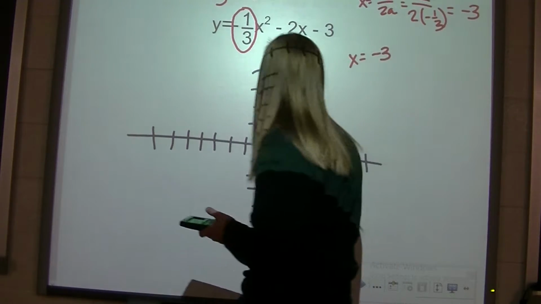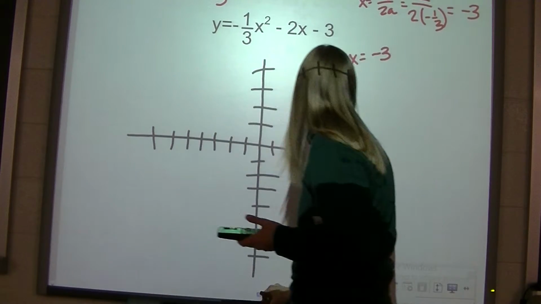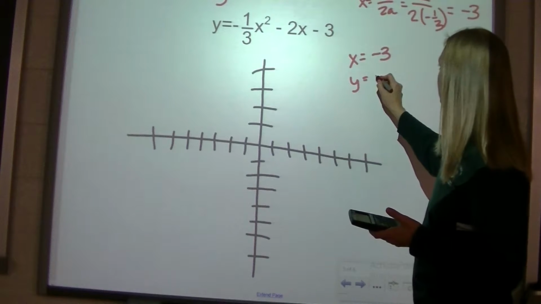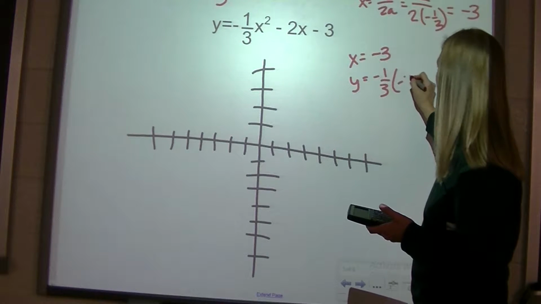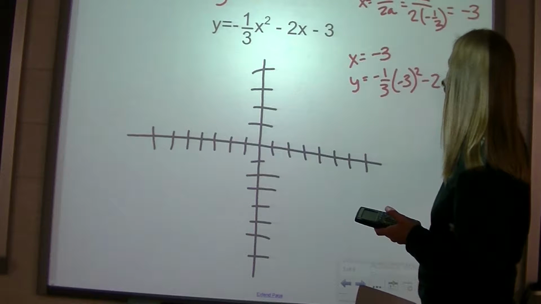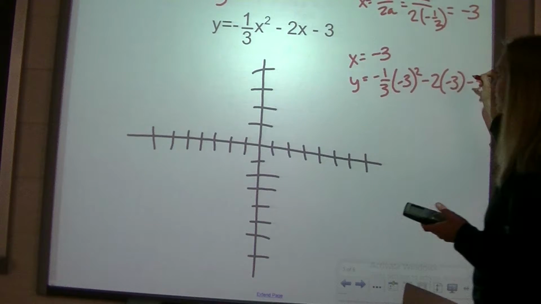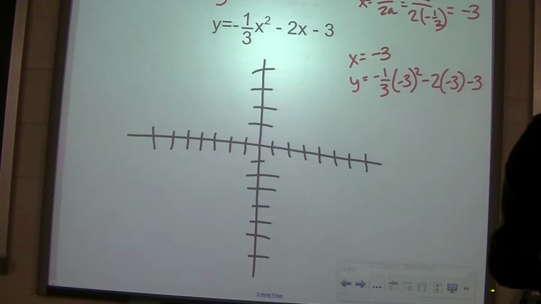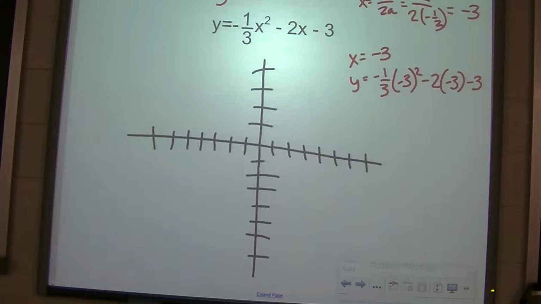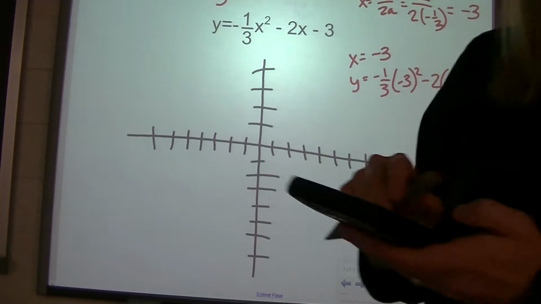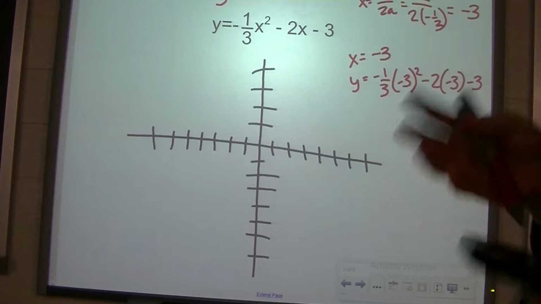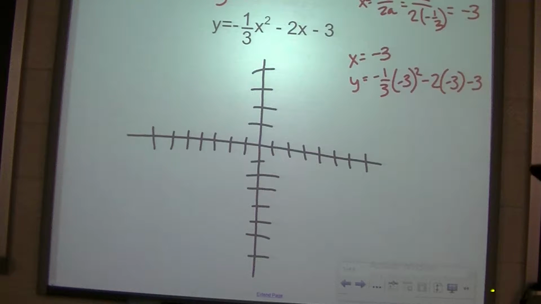So we'll have y equals -1/3 times -3 squared minus 2 times -3 minus 3. So let's do that. -3 squared is 9. Some of you might type -3 in your calculator and square it and get -9, because you need to put parentheses around -3.